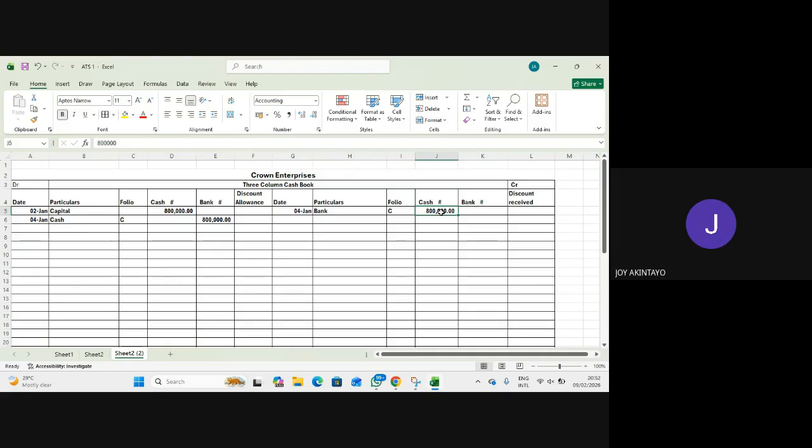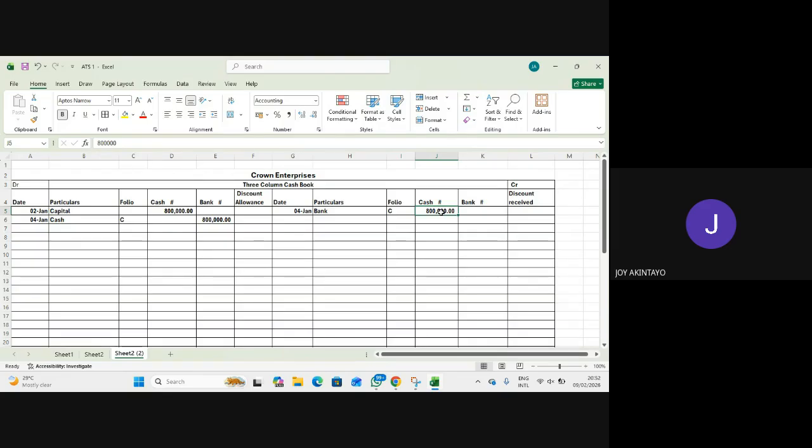The transaction says purchases by check 270,000 naira. It's very clear. We know that the bank is paying. Yes or no? So what will be the corresponding debit entry? It can't be the cash account.